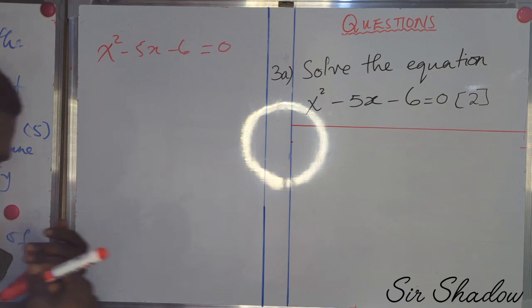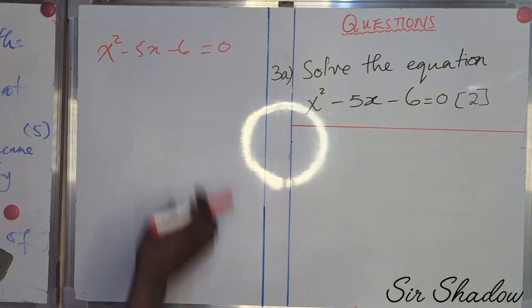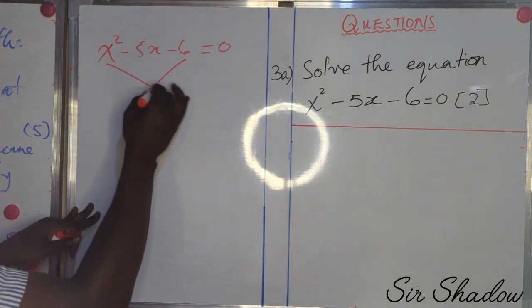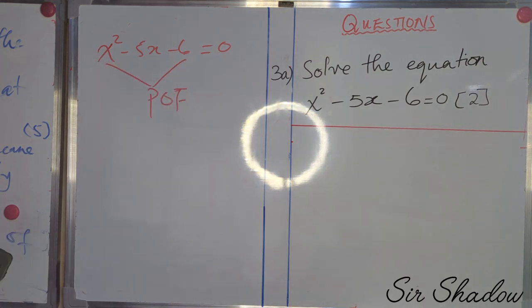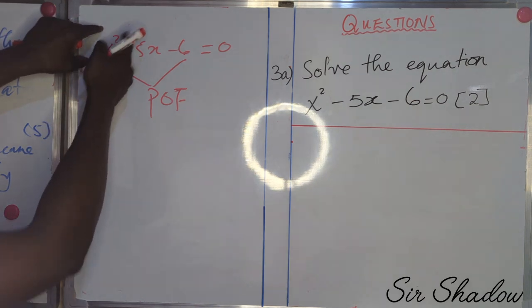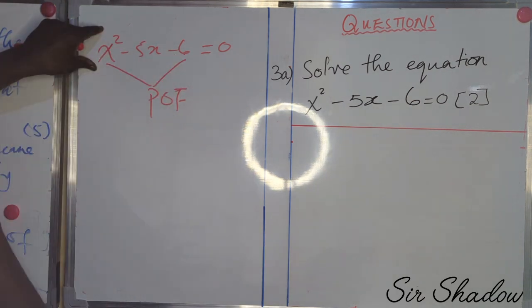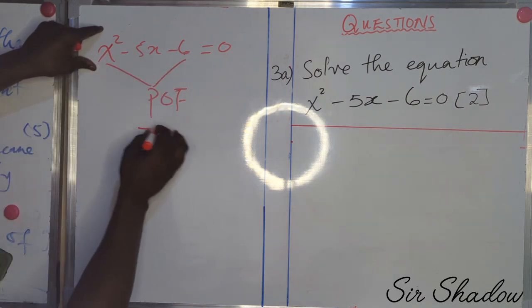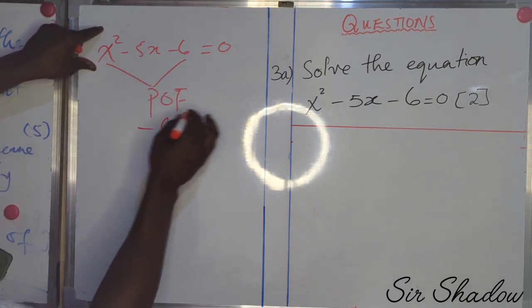In general, first of all we find the product of factors. You just multiply x squared's coefficient by minus 6, which is a negative 6. So here we get a negative 6x squared, right?